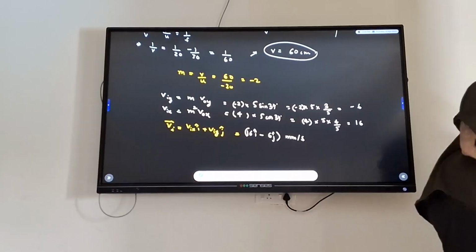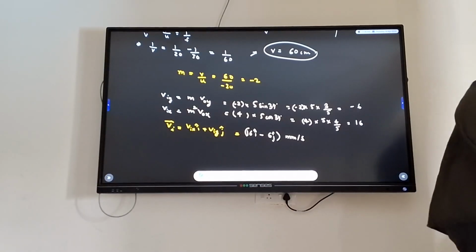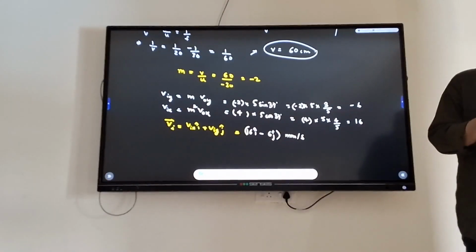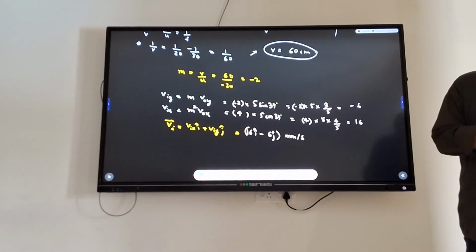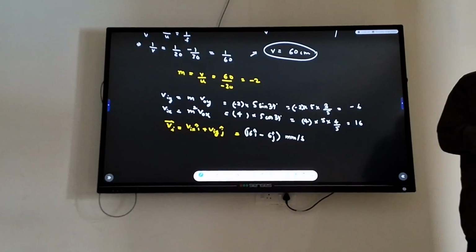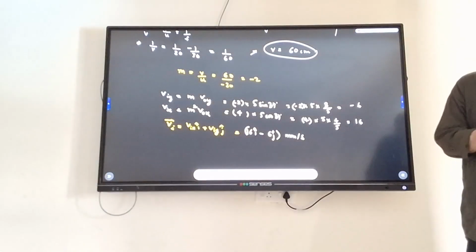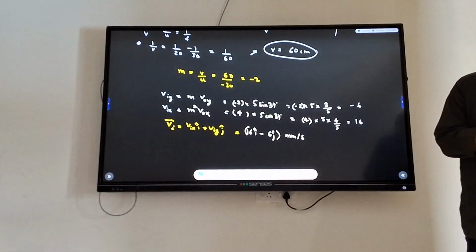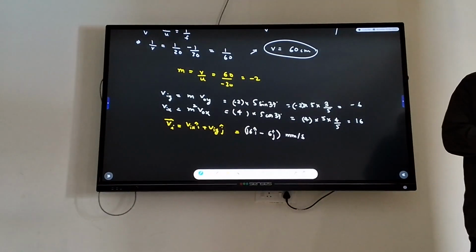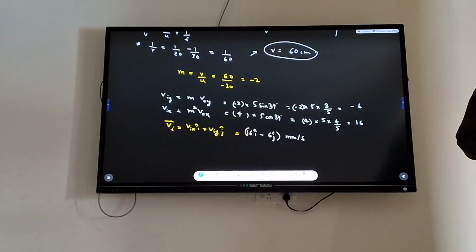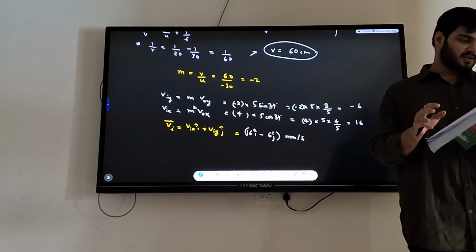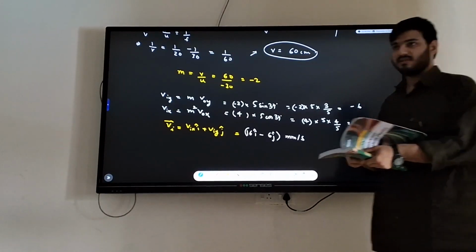After this, did we talk about this convex and a concave question?